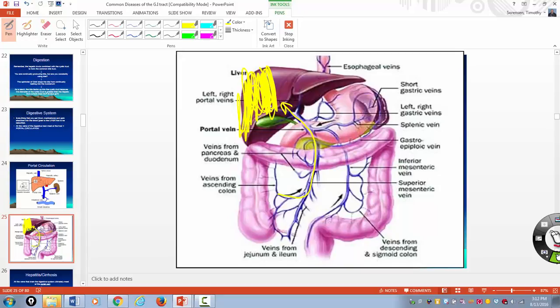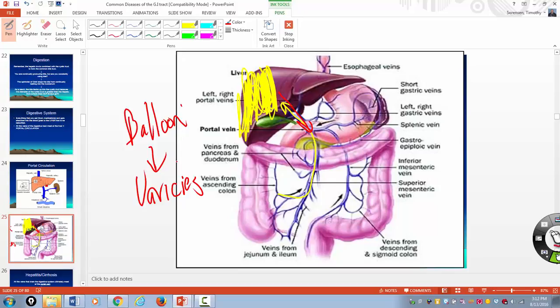It will start building up in the liver, and then that blood is going to back up from where it came from. And where it came from was the venous system of your GI tract. And because veins have thin walls, they're not used to a lot of pressure, they will balloon out. Those veins will balloon. And you get what are called varices.